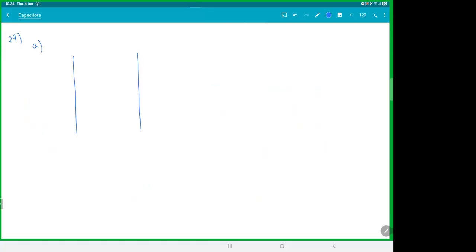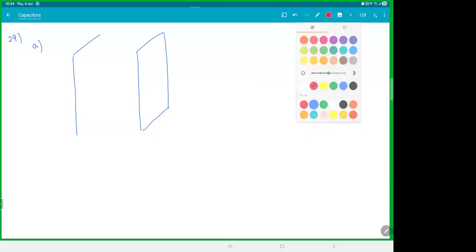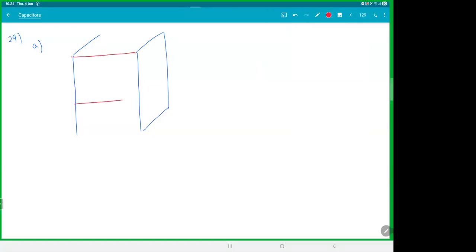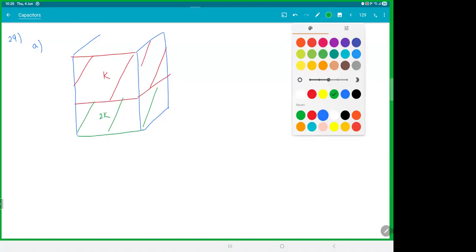Let's say we have two parallel plates. The upper half is filled with a dielectric K. The lower half is filled with 2K. In heat transfer, we call this thermal resistance, thermal conductivity.